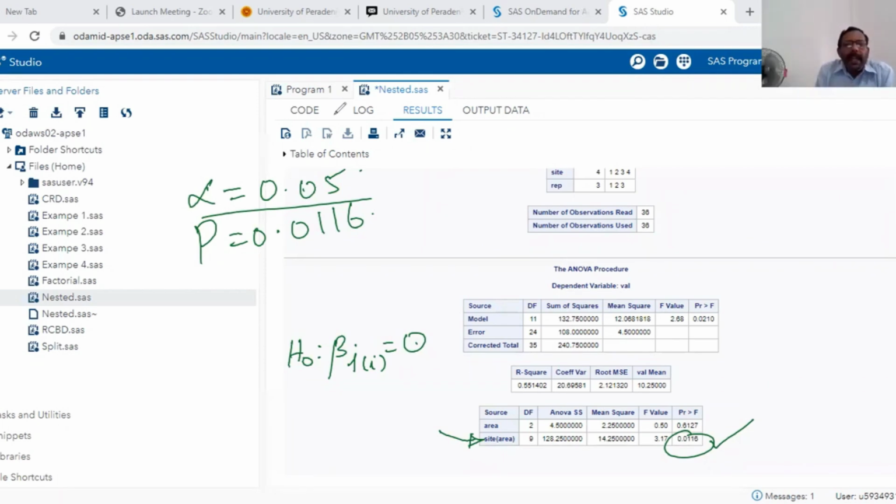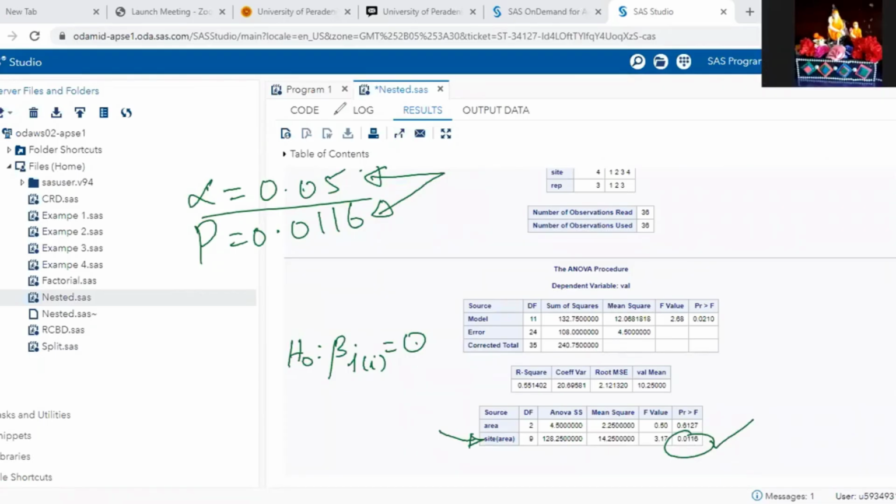Are you sure? Which is larger than alpha? Is it very simple? Alpha is larger than P. I'll say it clearly: alpha larger than P, or P less than alpha.